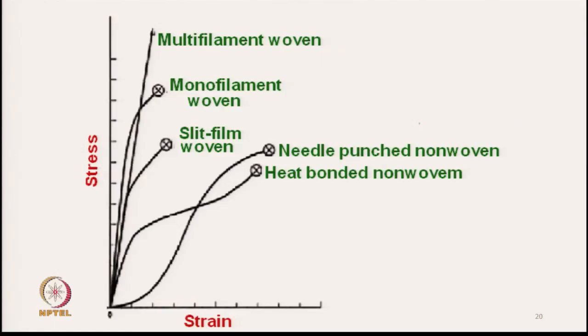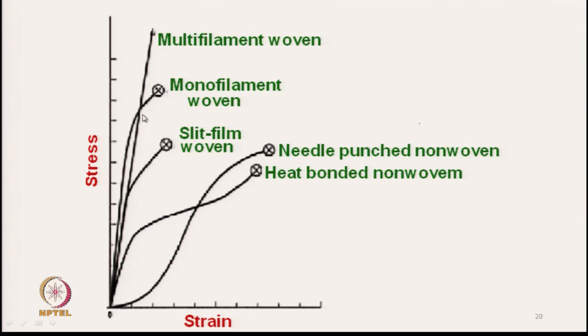So, if we see the comparative stress strain curves for different types of geotextiles, here it is a monofilament woven fabric and next one is multi-filament woven fabric. Monofilament woven fabric, although the breaking stress is less than the multi-filament woven fabric, has got higher modulus.